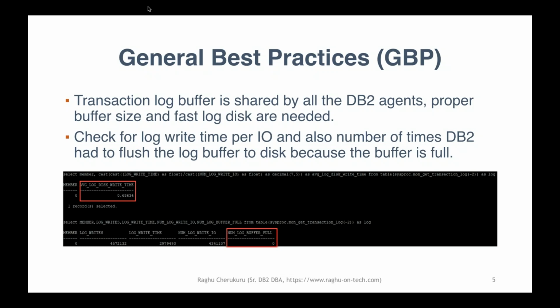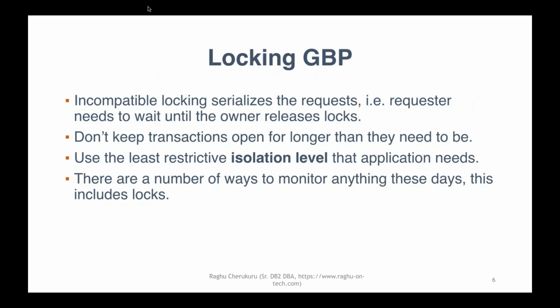You don't want your buffer to get full a lot, with other transactions needing to wait just so that the buffer gets flushed to the disk. These are a couple of SQL statements that you could use to monitor those two metrics. And then locking is another area where things get serialized on your system.